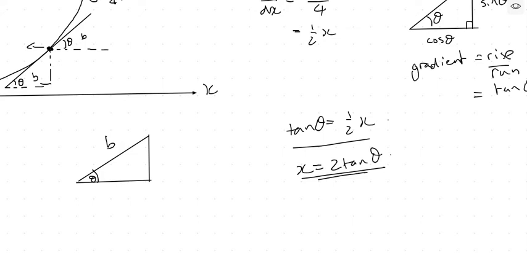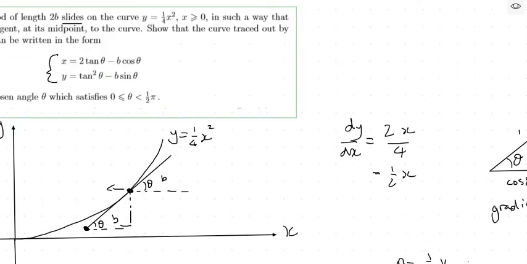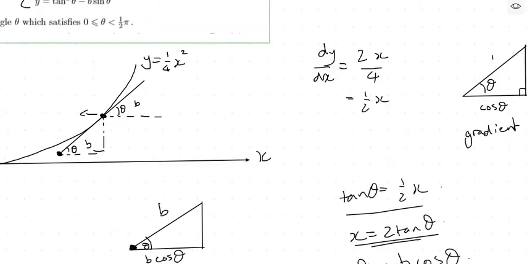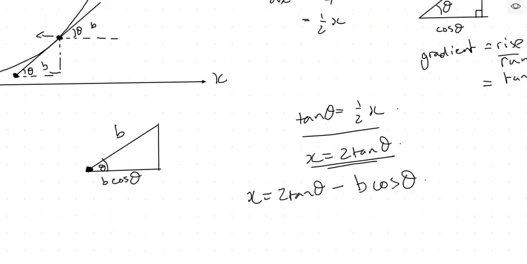And we want to know what the x coordinate of this bit goes to. So this is b cos theta here. So the x coordinate of this part at the end of the rod is 2 tan theta, which takes us to the middle, minus b cos theta, which hopefully is the answer.